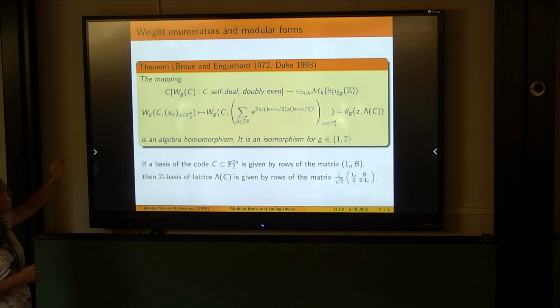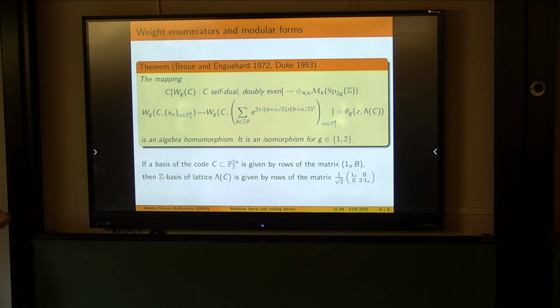So there is a homomorphism from this space into the space of modular forms whose weight is divisible by 4 and which are invariant under the action of Sp2G over Z.